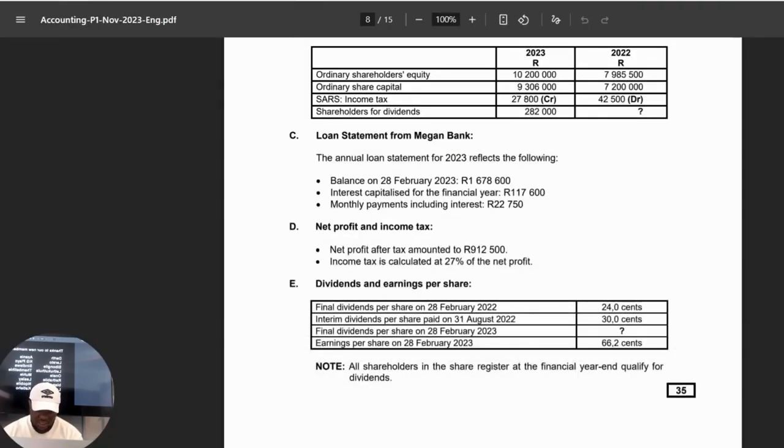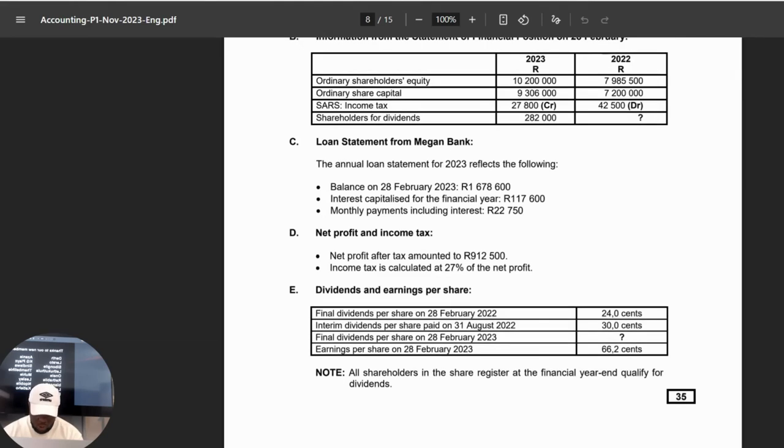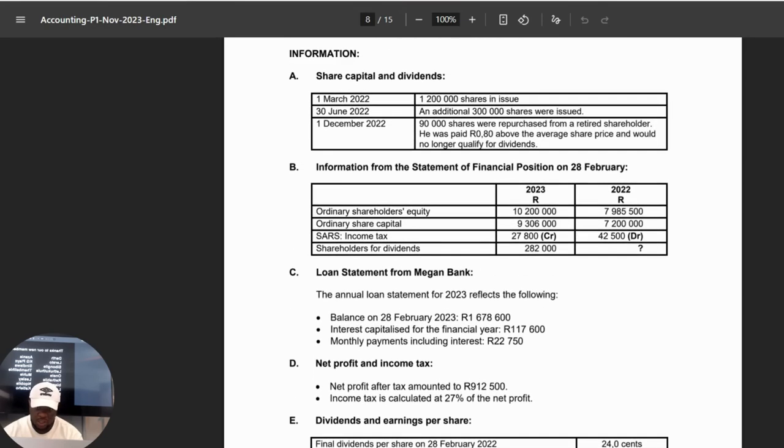So then here it says that interim dividends were paid at 30 cents, and they were paid on 31 August 2022. It says all shareholders in the share register that financially qualify for dividends. So we're looking at 31 August 2022. We need to see how many shares were issued then.